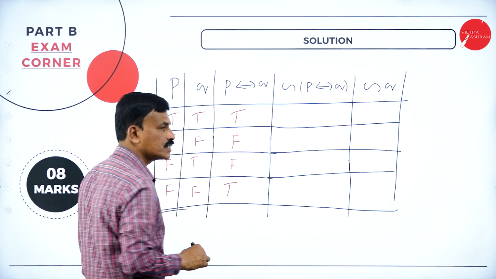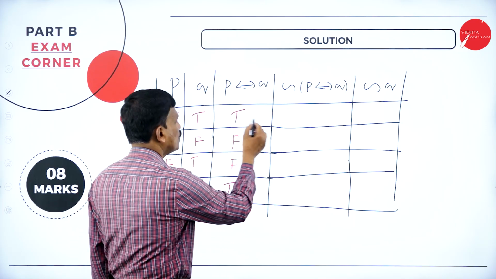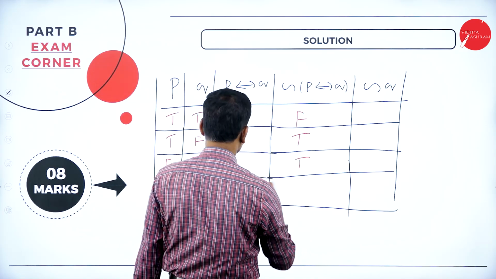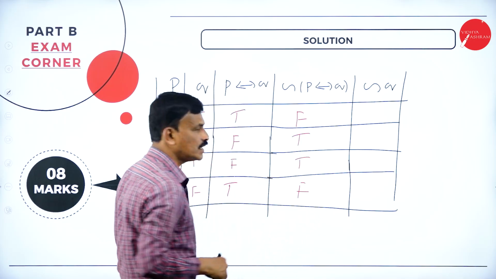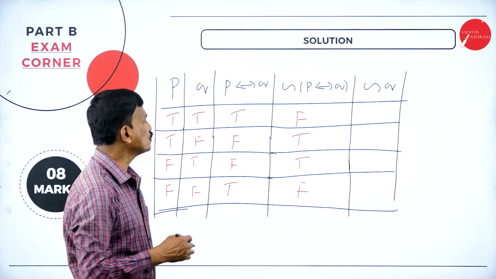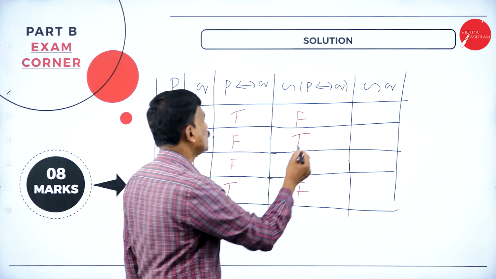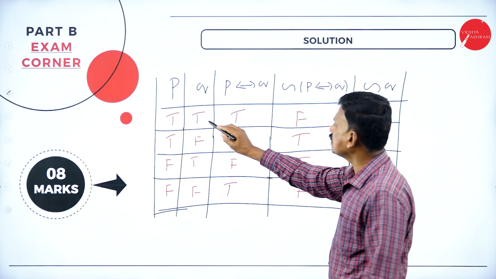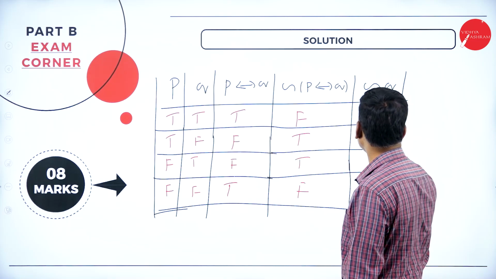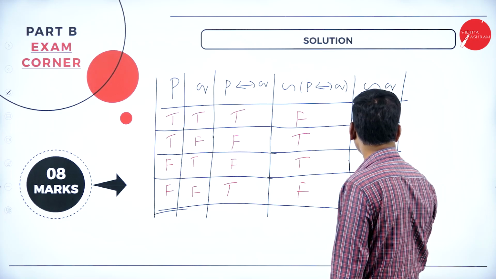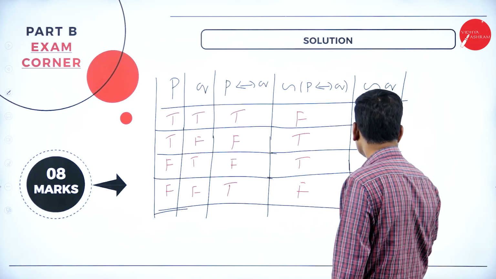Now, the negation of true is false, false is true, false is true, true is false. So, the negation of P biconditional to Q is F, T, T, F. Now, write down the negation for Q. For true it is false, for false it is true, for true it is false, for false it is true.